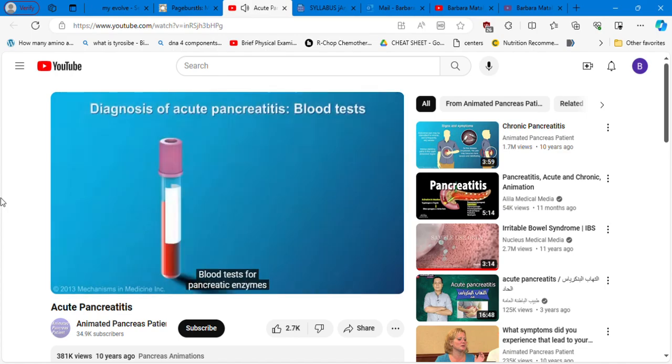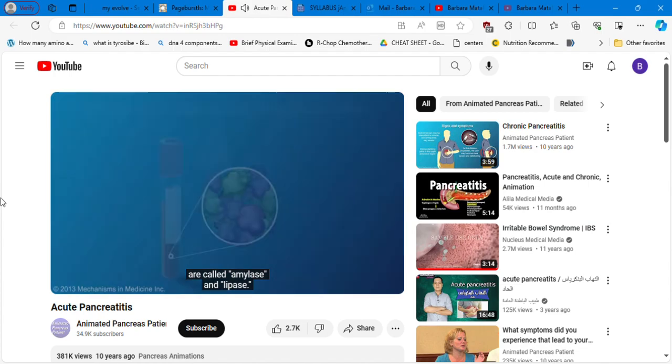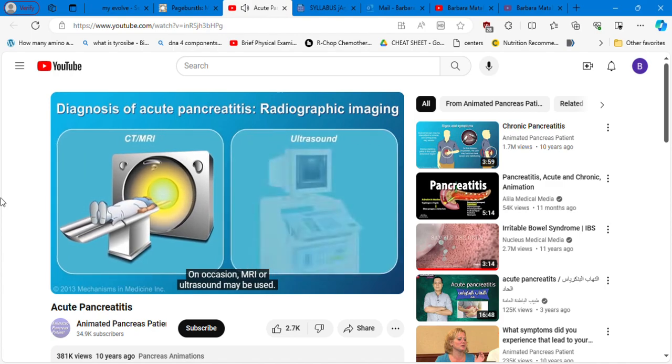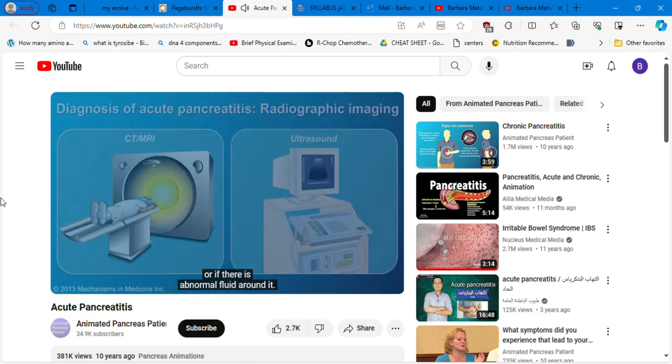Blood tests for pancreatic enzymes can diagnose acute pancreatitis. The pancreatic enzymes that are typically elevated when patients have acute pancreatitis are called amylase and lipase. Diagnosis is usually confirmed by a CT scan. On occasion, MRI or ultrasound may be used. The radiologist will look to see if the pancreas is swollen or if there is abnormal fluid around it.